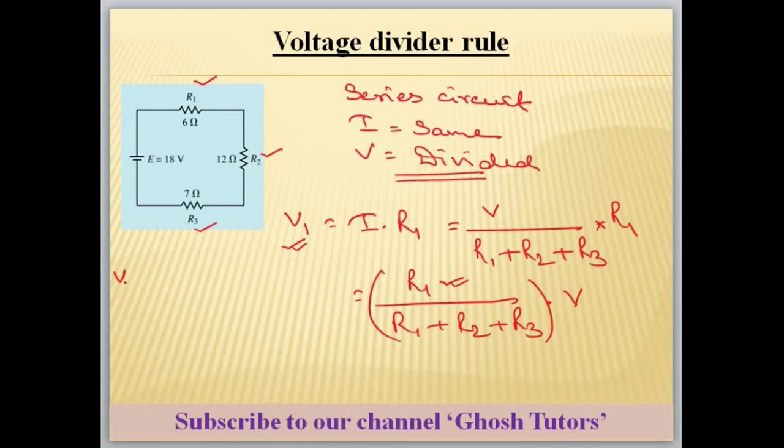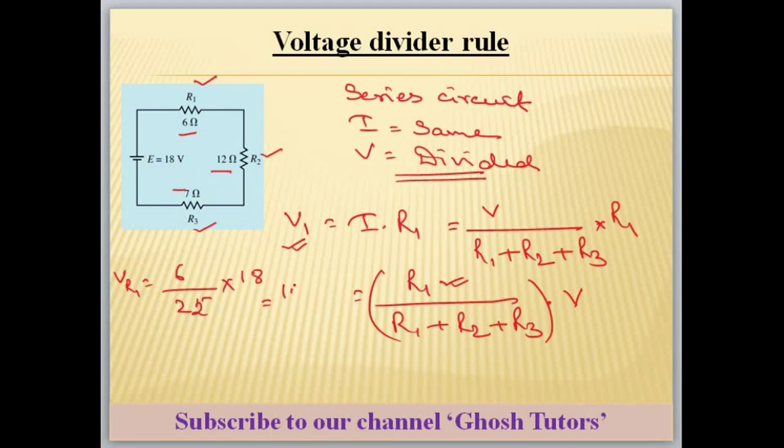Now I will calculate V across R1. The rule is R1 by R1 plus R2 plus R3, into V. R1 is 6, so 6 by 6 plus 12 plus 7. 12, 6 is 18, 7 is 25, into V. V is 18.